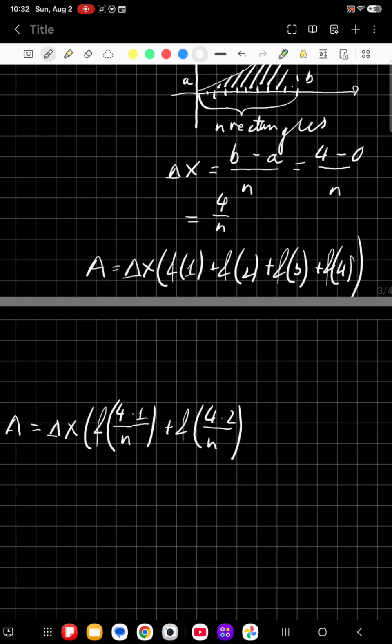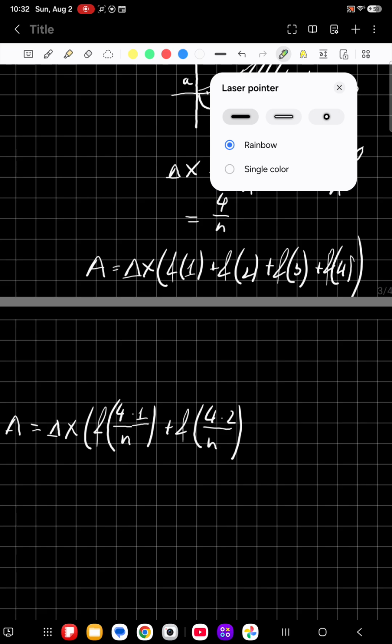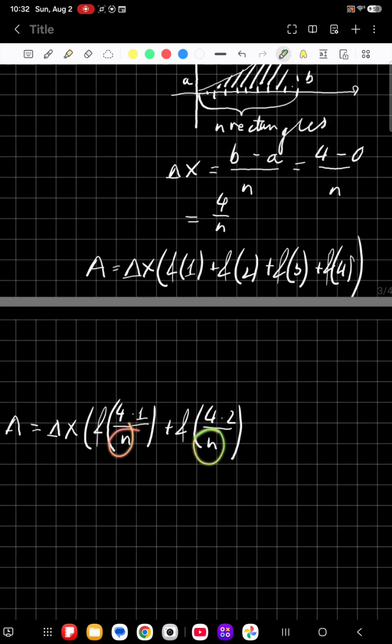I hope you see that this is still 2, because I'm limiting myself to the number of rectangles being 4, so n is equal to 4.